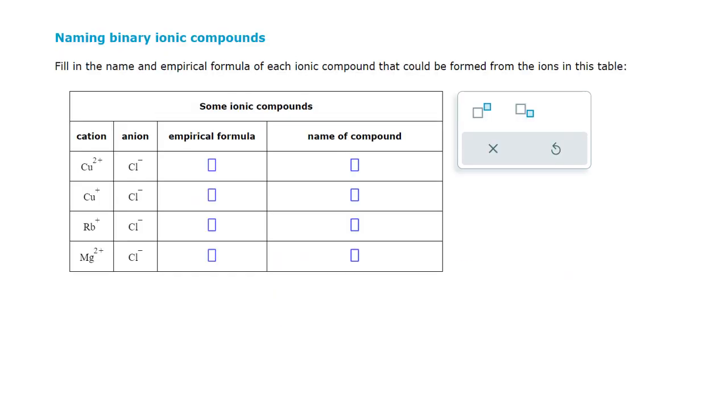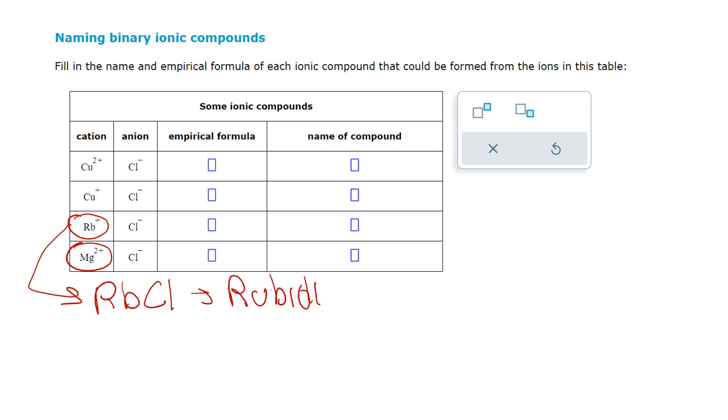So here we have some good practice. If you know the charge, no Roman numeral. So here, rubidium, group 1, magnesium, group 2, we know those charges, so no Roman numeral. Rb and Cl just cancel each other out, so that is just rubidium chloride.